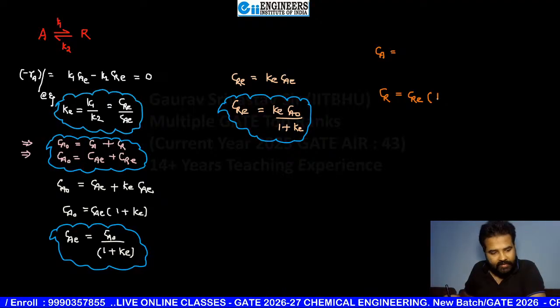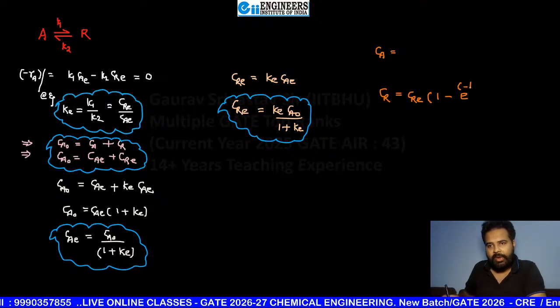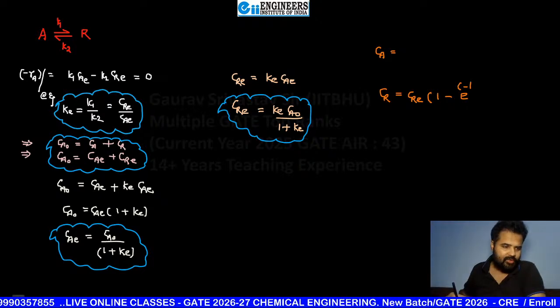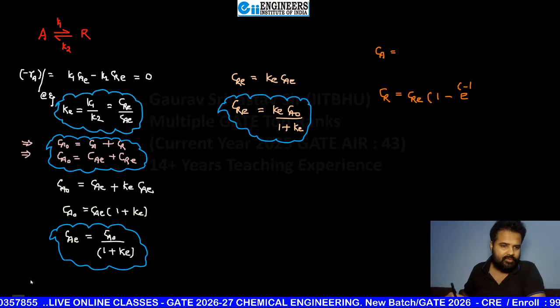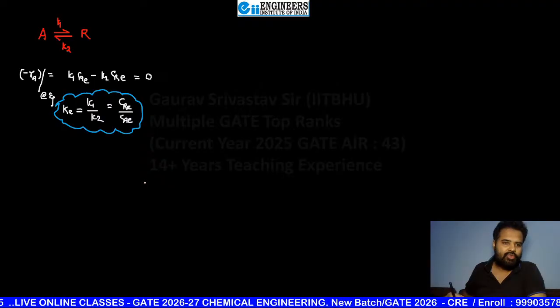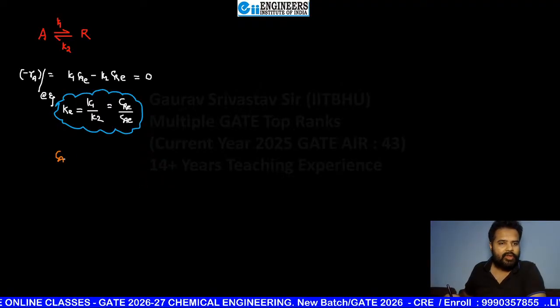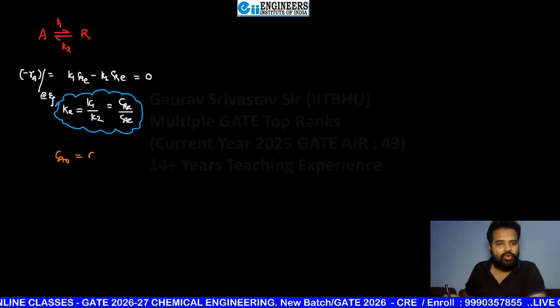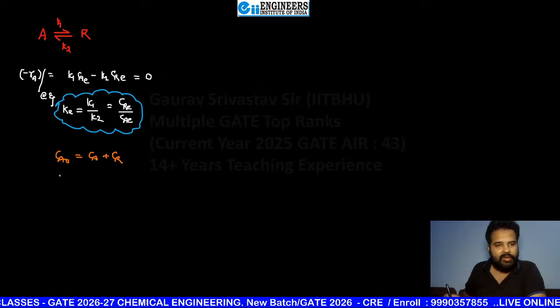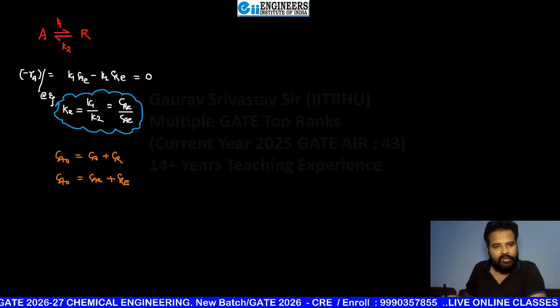CRE and then 1 minus e raised to power minus. Oh, that was a mess. Okay, so CA naught can be written as CA and CR. Further, this CA naught can also be written as CAE and CRE.